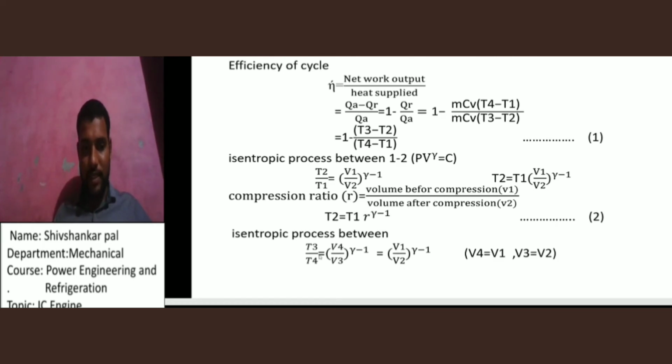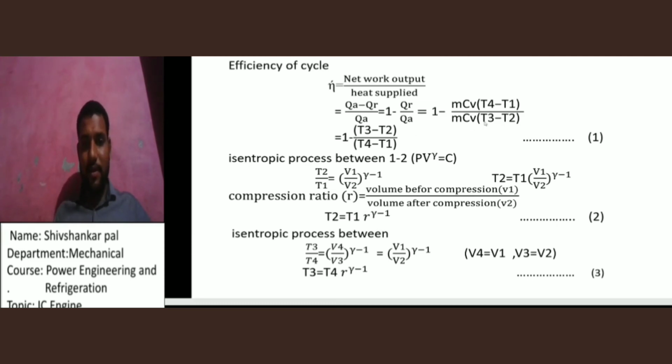That means T3 is equal to T4 into r to the power gamma minus 1, because V1 by V2 is equal to r, the compression ratio.